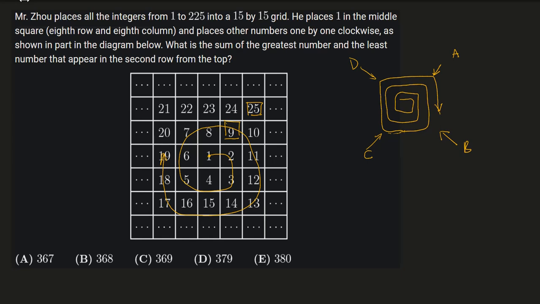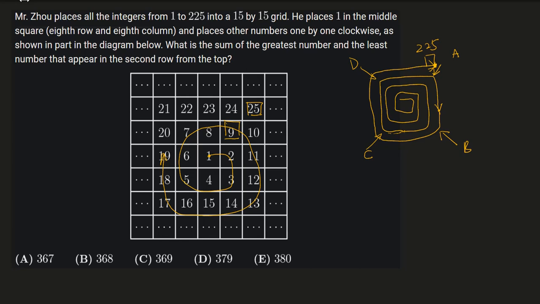Therefore, we know that in our actual grid, it will eventually end at the corner A. It will end in here, which means that the last corner has to be 225.